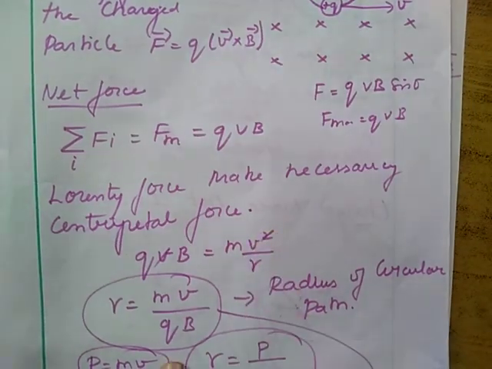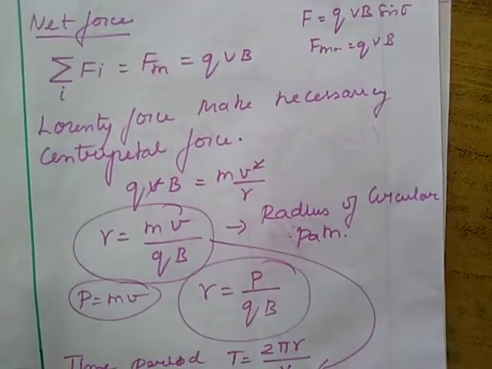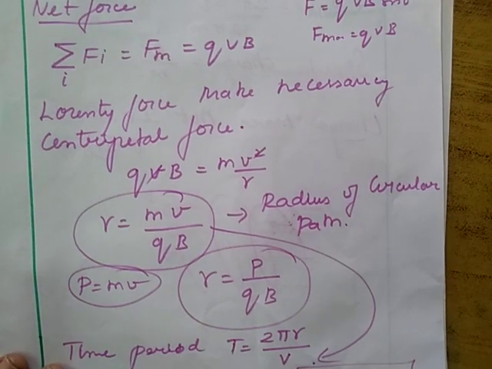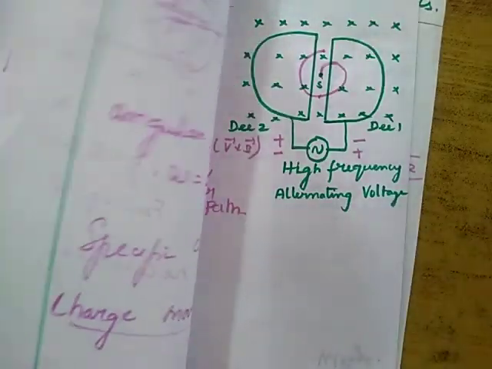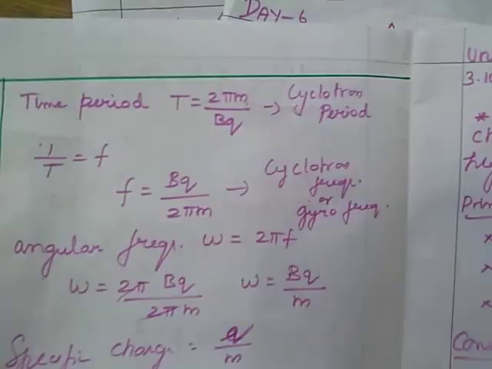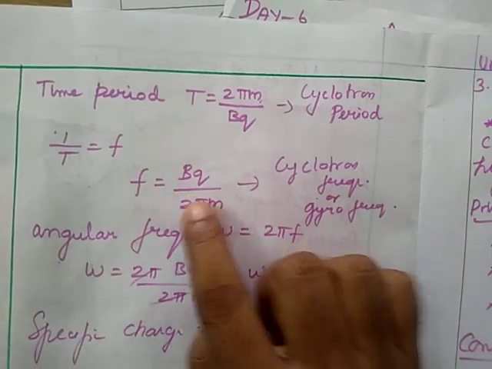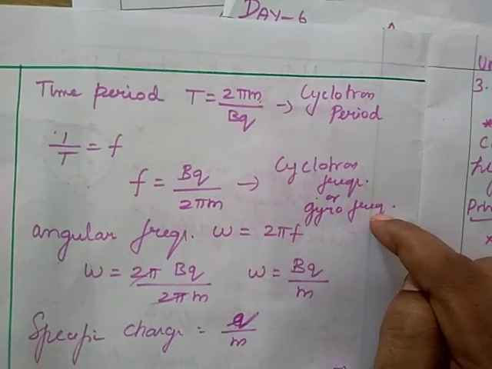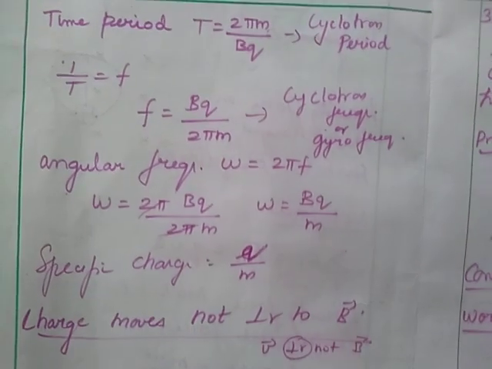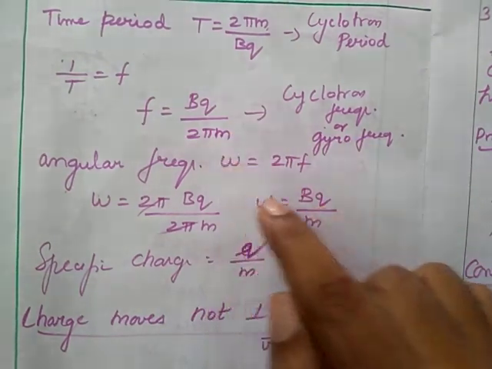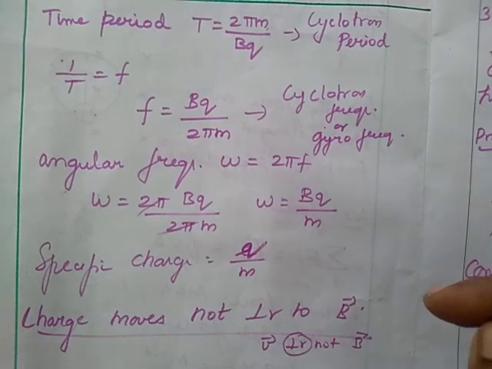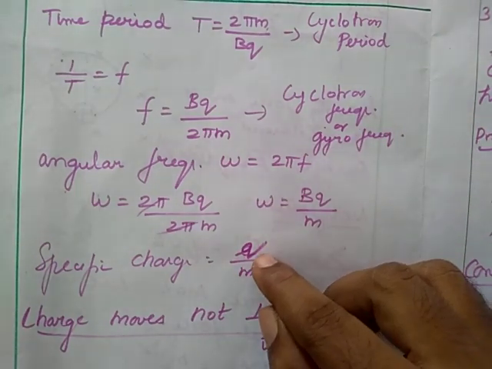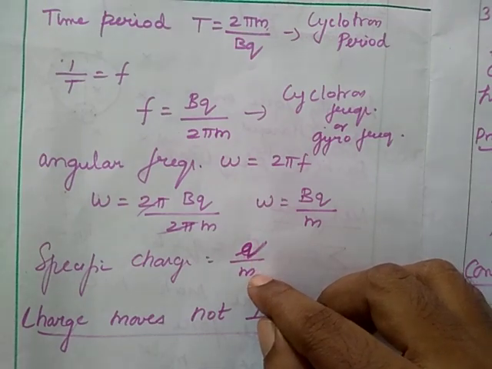Using this relation we can find the time taken to complete one rotation, and the frequency is the reciprocal of the time period. That frequency is known as the cyclotron frequency or gyro frequency. This frequency and angular frequency do not depend on radius and velocity, but only on the q by m ratio, the specific charge ratio.